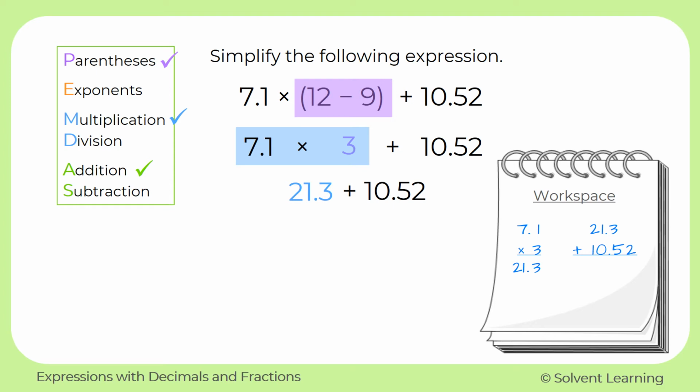Everything should line up with the correct place value within the numbers. Okay, once we line it up, we just add them. We get 31.82, and that's our final answer. So that whole big long expression that we started off with simplifies to just 31.82.